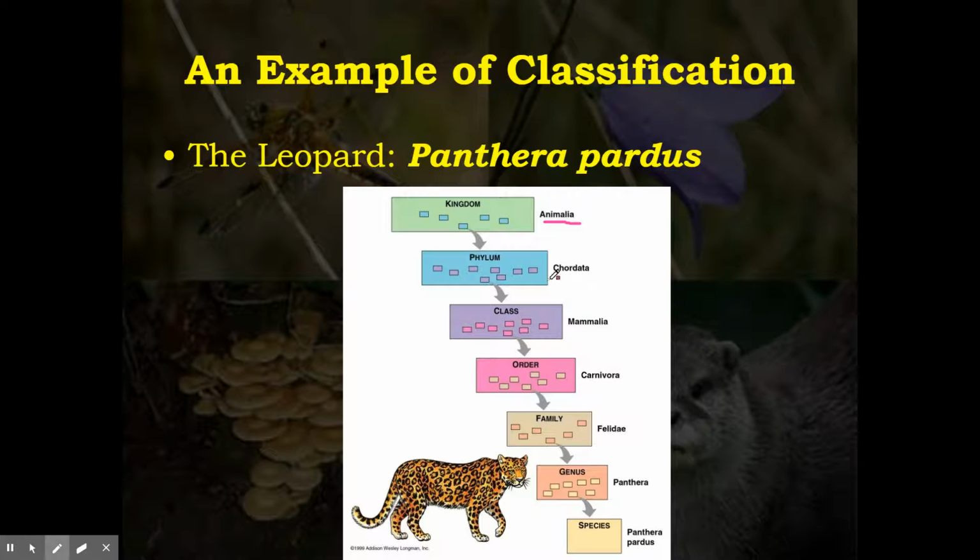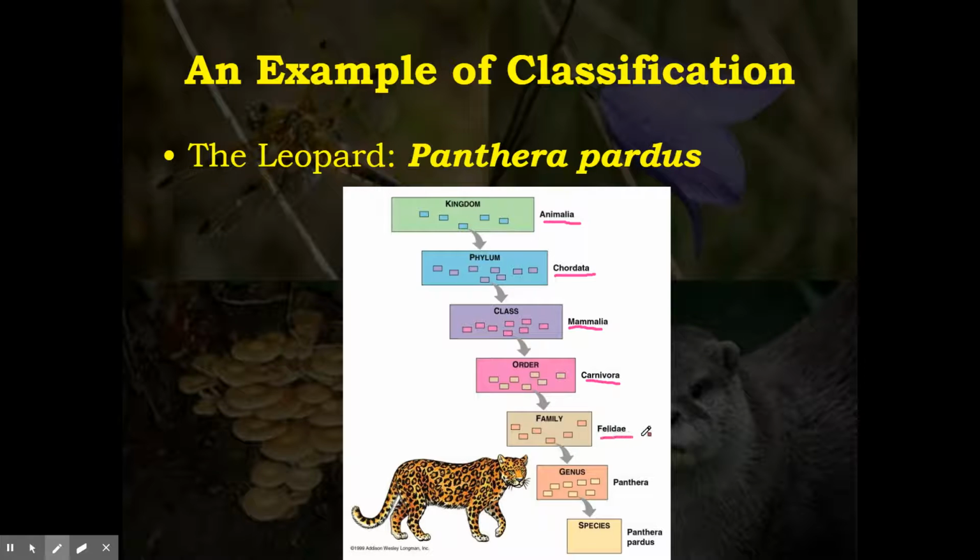Okay, the phylum is called the Chordata, the chordates. That means they have a backbone. Then we move down to the class. These are mammals. That means that they have a placenta when they have their young and they nurse with milk. Then we move down to the order Carnivora. That means they're a carnivore.